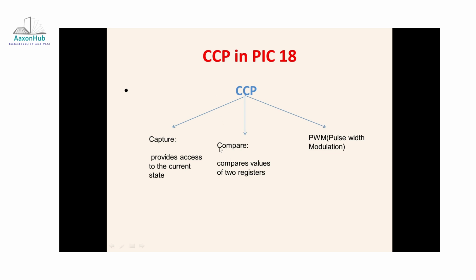Another part of this CCP module is compare. Compare mostly compares the value between two registers. One of them is the timer register, and it allows the user to trigger an external event whenever a predetermined amount of time has expired.